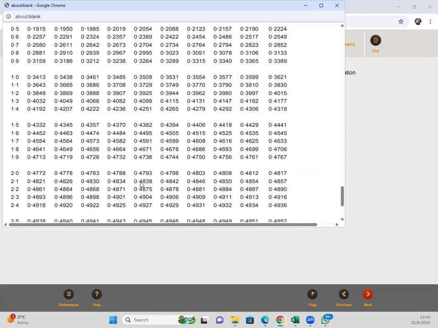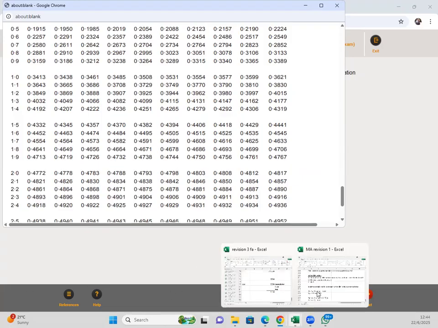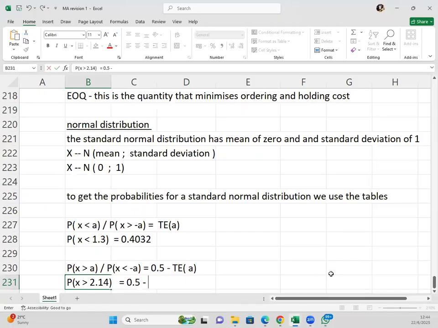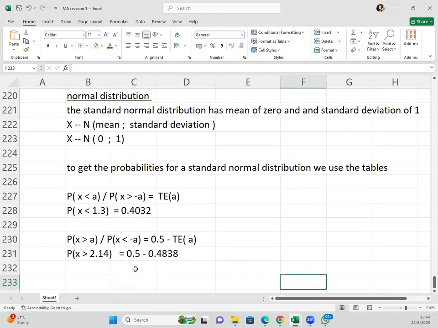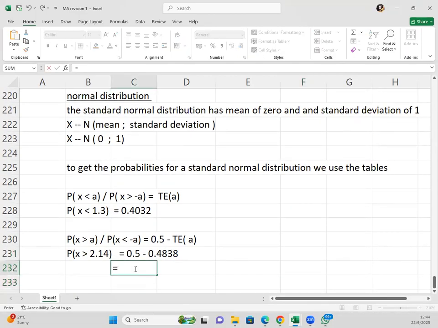So it's 0.4838. It means our answer would then be 0.5 minus 0.4838.